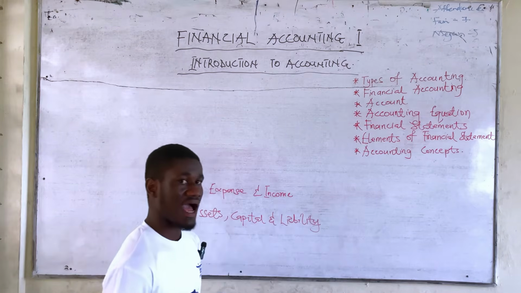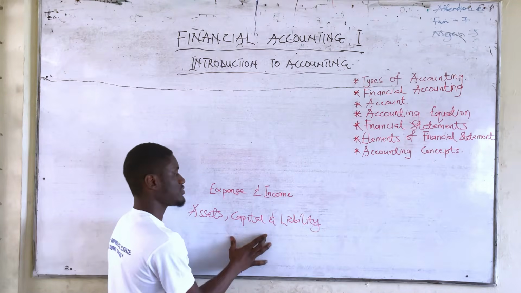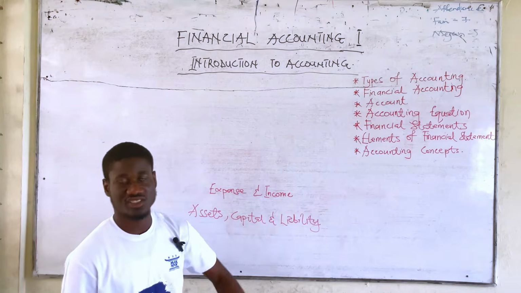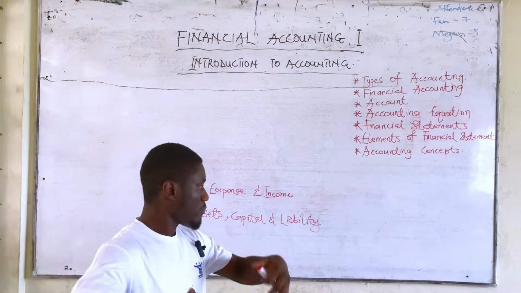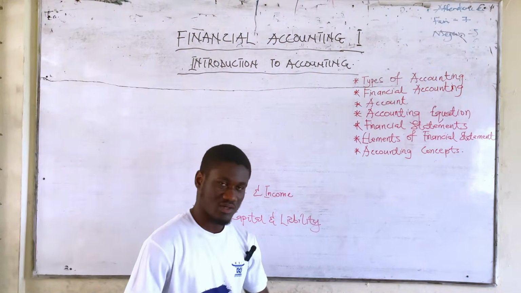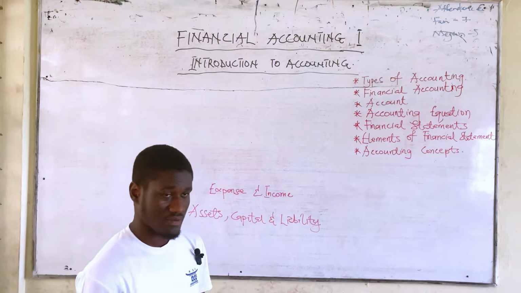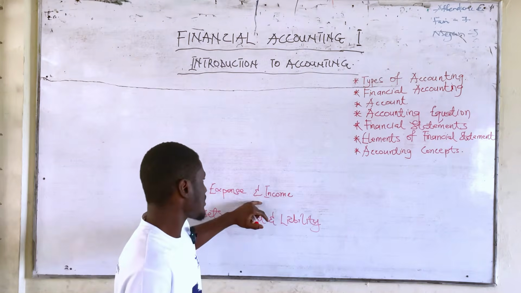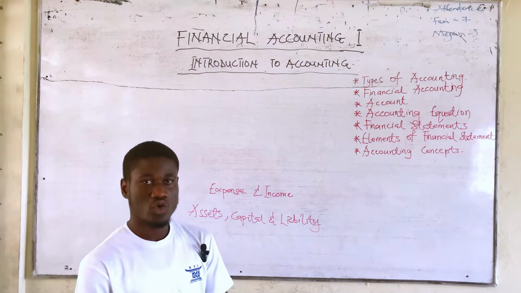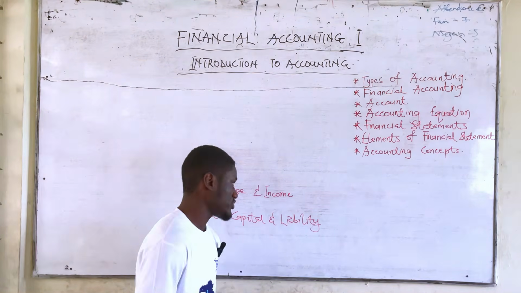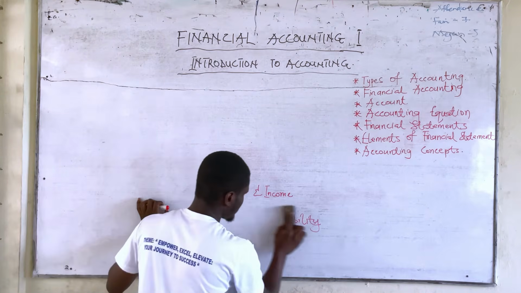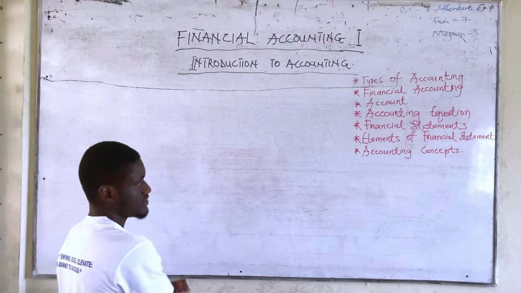So it shows our total assets, capital, and liability. So this statement of financial position helps us know the position of the business within a specific period of time. Okay, same applies to the statement of profit or loss. It helps us to know the performance of the business within a specific period of time. Good. So we'll come back to explain these terms.